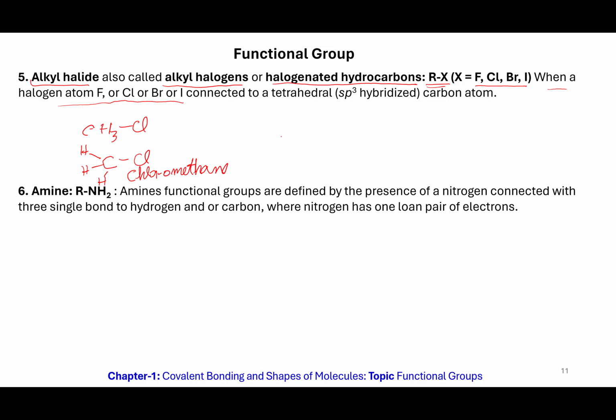Then another example is if we can also attach two halogens to the same carbon, and this is called dichloromethane. And then another example is this: if we attach 3 chlorines, what will happen here?